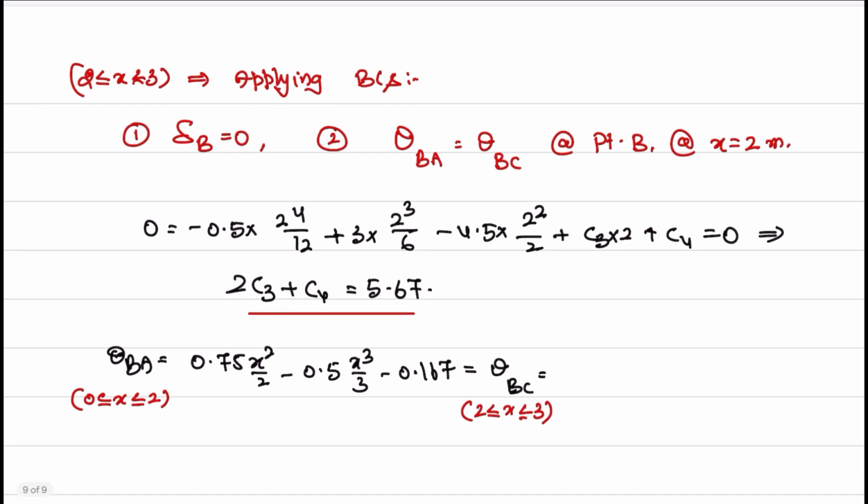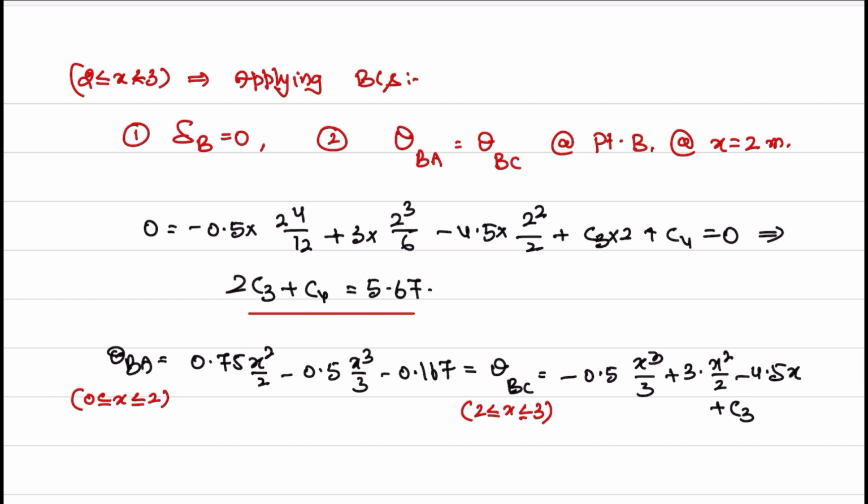That will be 3 into x square, let us write like this, minus 0.5 into x cube by 3 plus 3 into x square by 2 minus 4.5 into x plus C3.